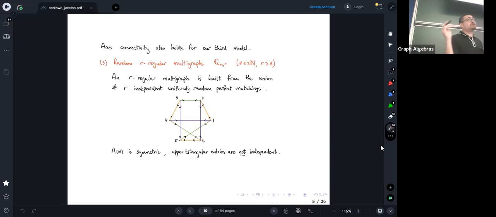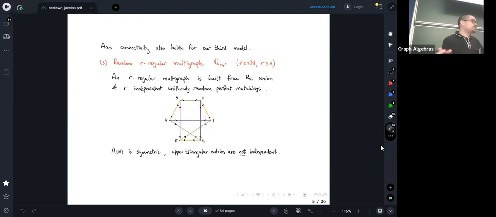This will give you a different distribution, but it'll give you what's called a contiguous distribution. In random graph theory, contiguity means that if you have a sequence of events that occurs asymptotically almost surely for one distribution, then they also occur asymptotically almost surely for the other distribution.